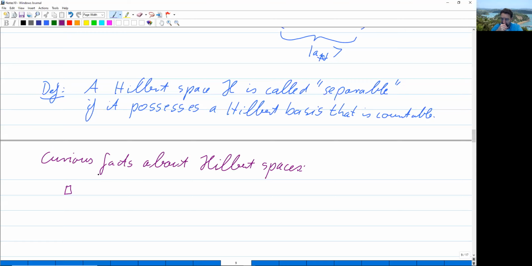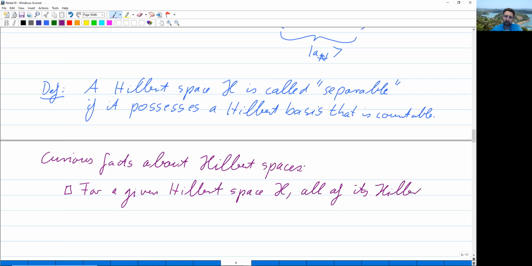One of those curious facts is that for a given Hilbert space, H, all of its Hilbert bases are of the same cardinality.